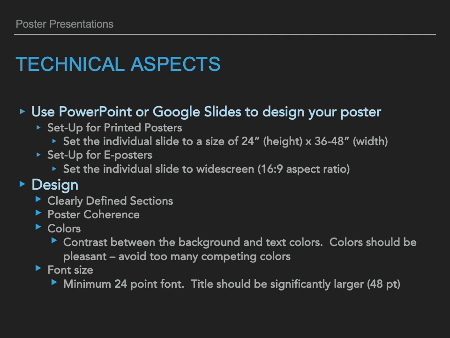And your colors should be pleasant. You don't want too many competing colors. You might have 5 favorite colors, but throwing them all on a poster might just be too busy. You want the audience to focus on what you're saying, not critiquing the color scheme of your poster.